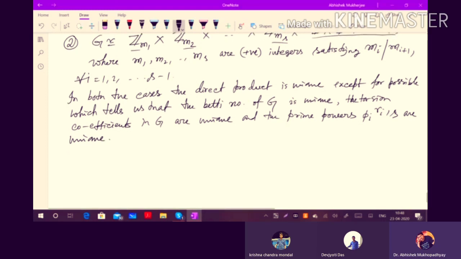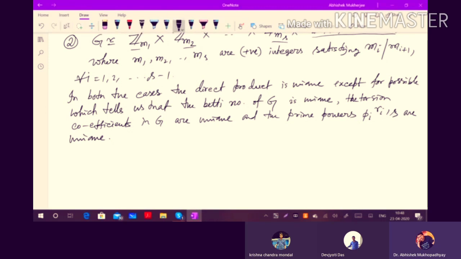The uniqueness of Betti number and torsion coefficients can be achieved by proving some beautiful problems, which can be considered later. So this ends our lecture on finitely generated abelian groups.